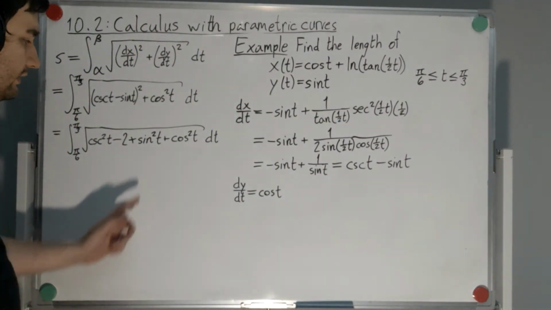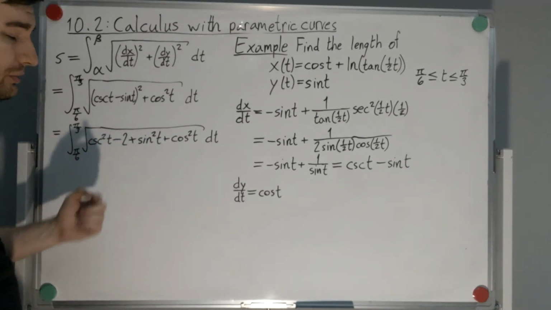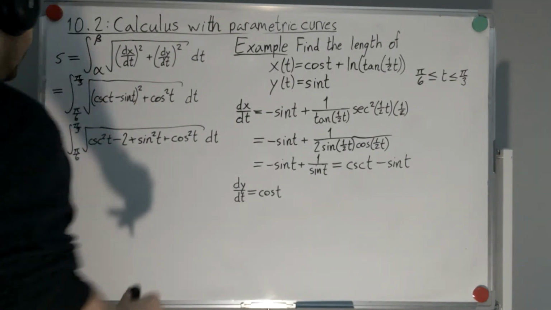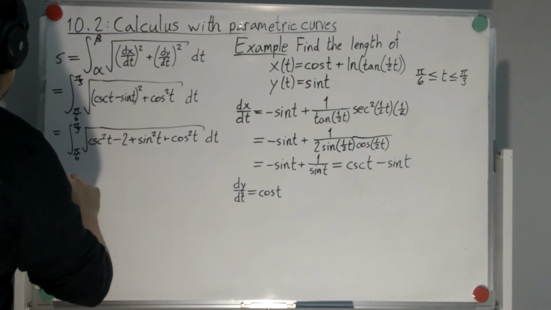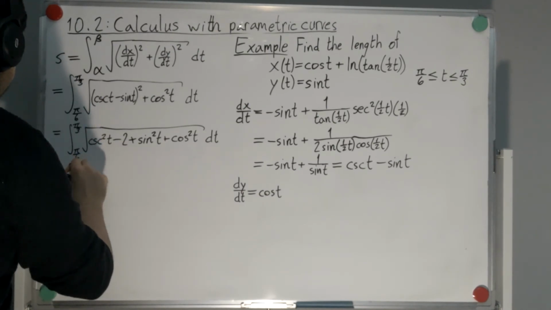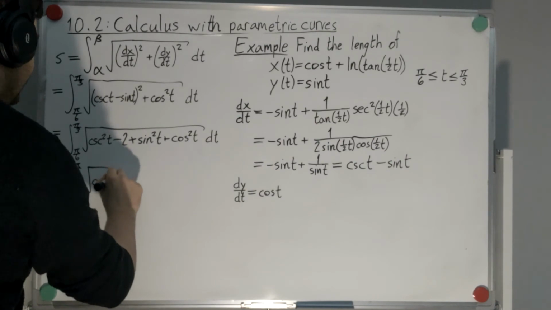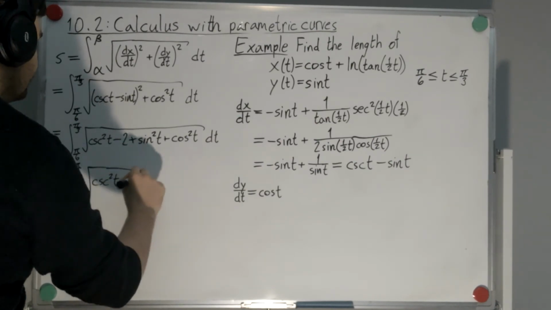Okay, now sine squared plus cosine squared is 1. 1 minus 2 is negative 1. So this becomes integral from pi over 6 to pi over 3 square root of cosecant squared t minus 1.